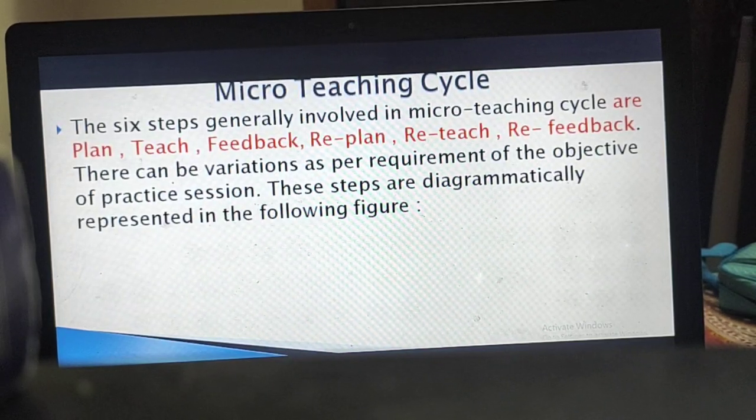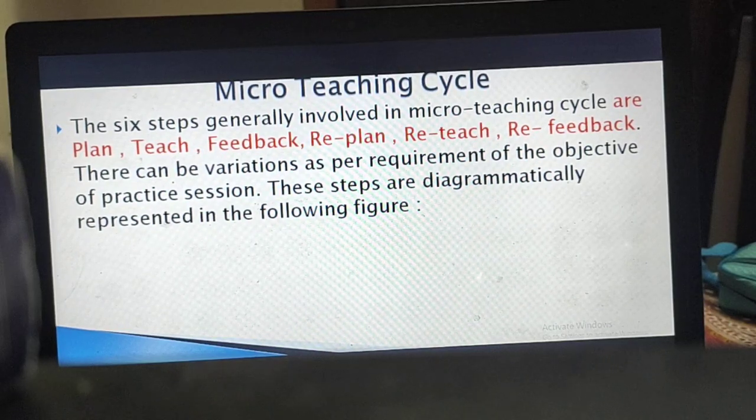Now, here I mention the micro-teaching cycle. There are six steps generally involved in the micro-teaching cycle. First, the teacher has to prepare a plan, then he has to demonstrate or teach in the presence of a supervisor or peers. After he completes his teaching, the supervisor gives him immediate feedback.